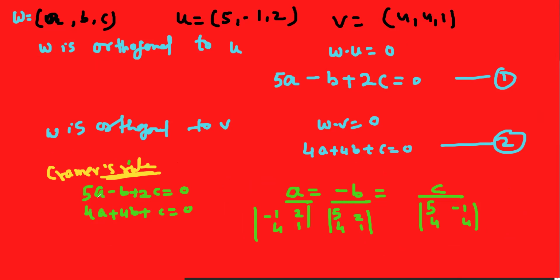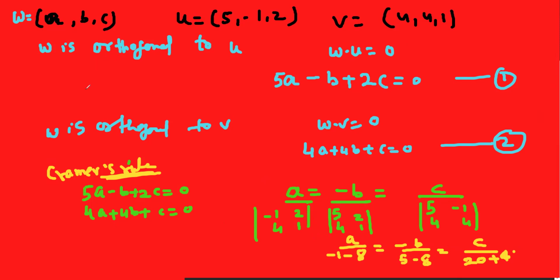Cramer's rule: for finding A, hide the value of A and write the determinant; for finding B, hide the value of B and write here; for C, hide the value of C. Now A becomes what? Cross multiply, and between the cross products there is a minus. 5 minus 8, 20 minus 4.